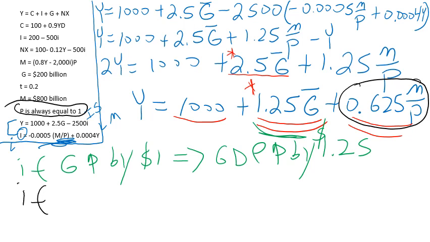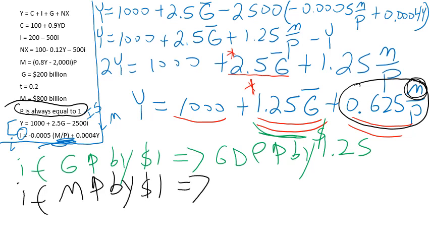So we're only looking at M, the nominal money supply, which is in the hands of the central bank. If the money supply goes up by $1, then what's going to happen to GDP?